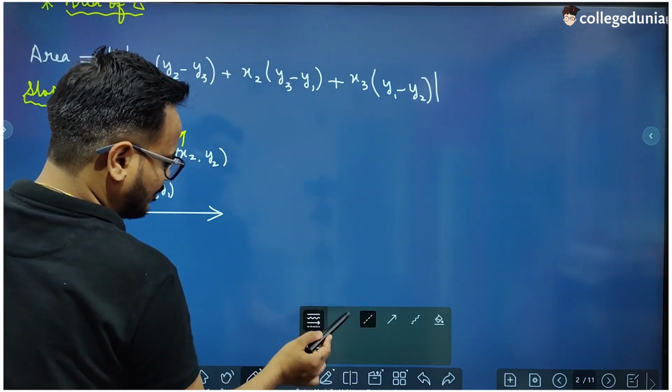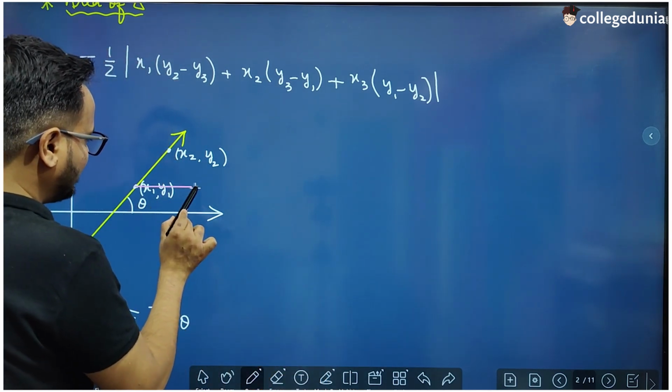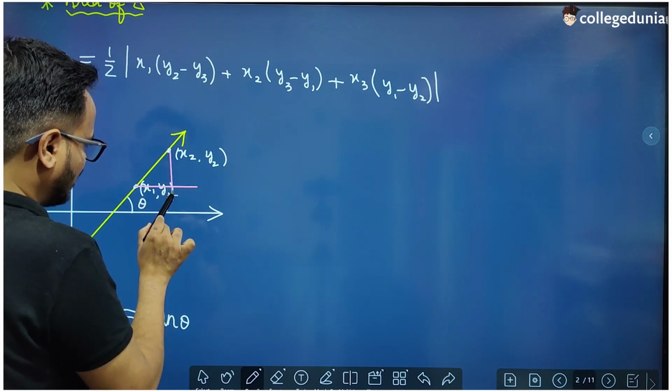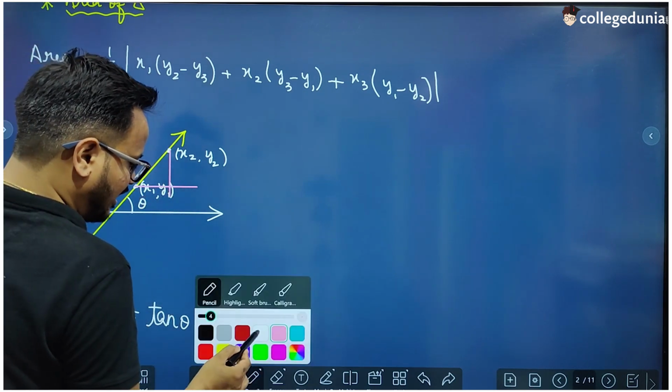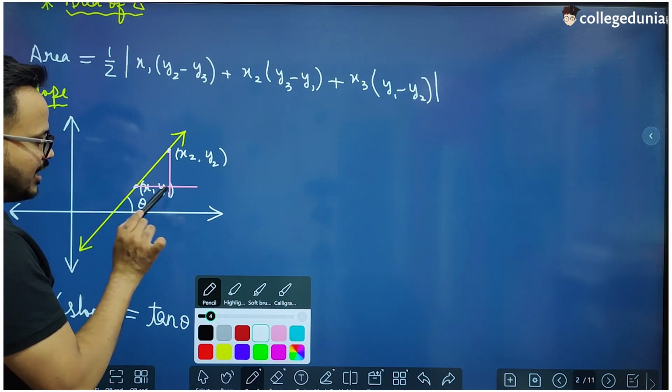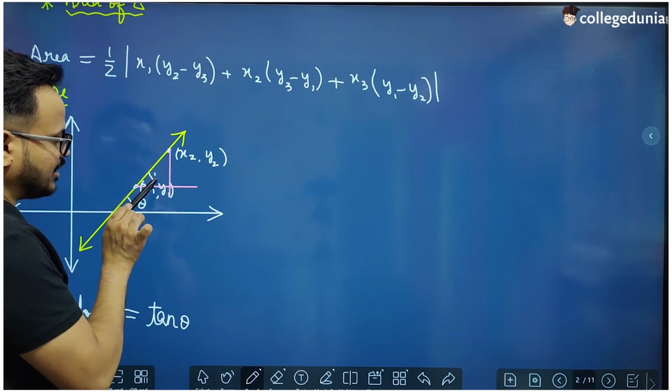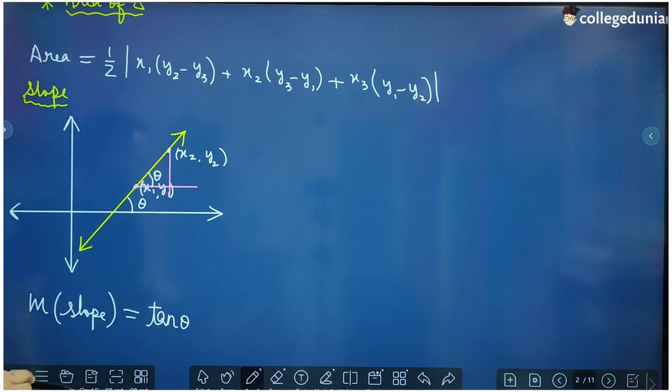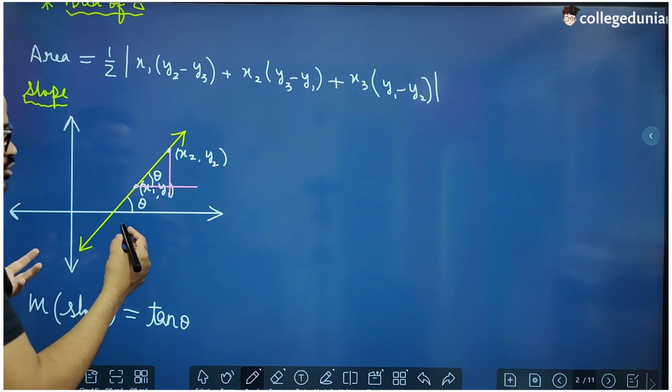Now let us join this and this. Then obviously if this angle is theta, and these two lines are parallel, then this angle will also be theta, right? Because these two angles are corresponding angles. So tan theta is what?